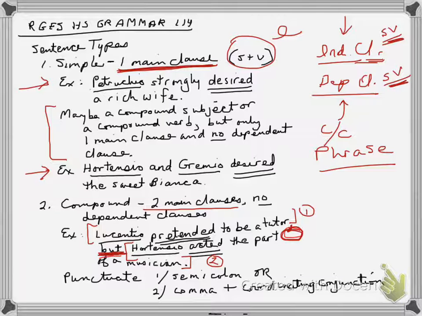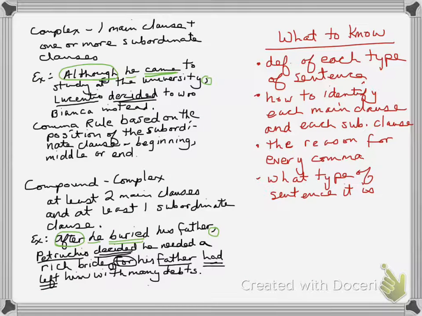So the rule for punctuating a compound sentence where you are joining two independent clauses is to use either a semicolon or a comma plus a coordinating conjunction. Do not use both. Let's go to the next page and more review here.